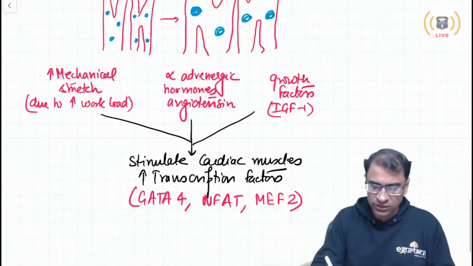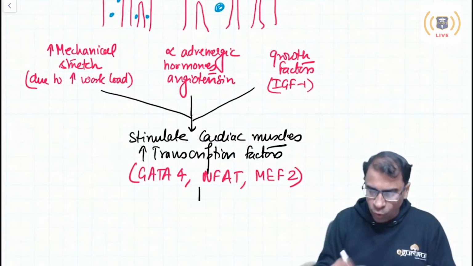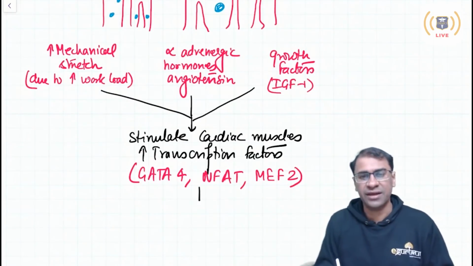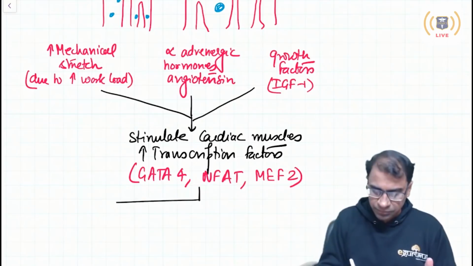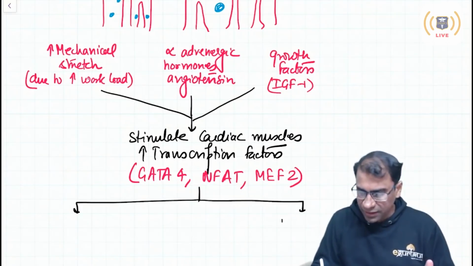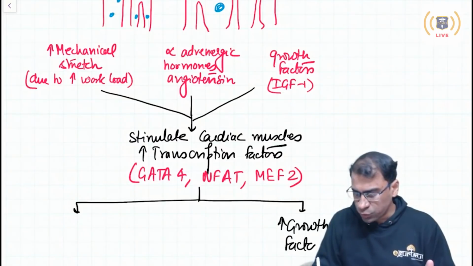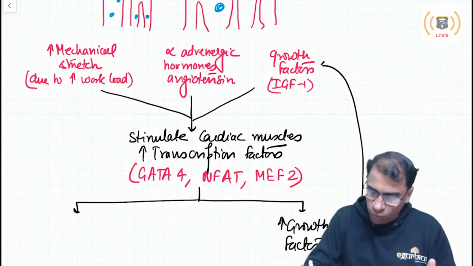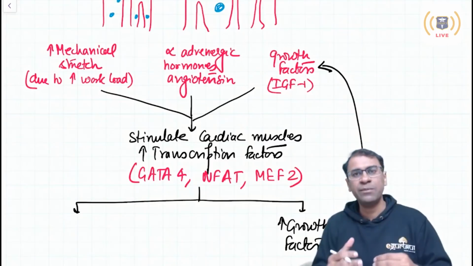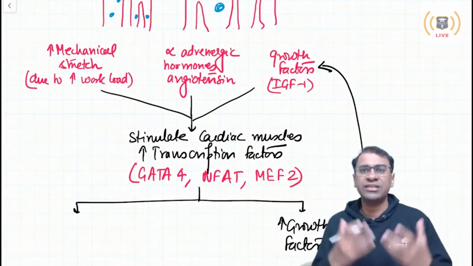So once this happens, there are three things again. There is increased growth factor production, and because of increased growth factors, the growth factor again causes the same thing. They'll again keep on increasing the size of the cell.